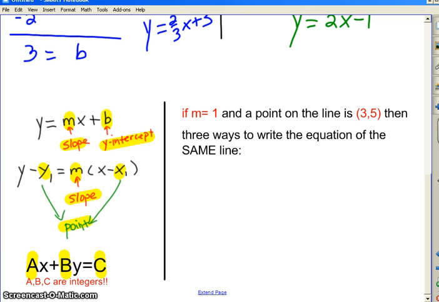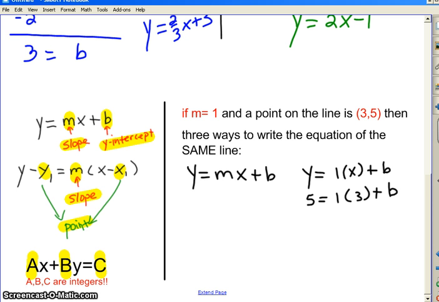If the slope is equal to 1 and a point on the line is (3, 5), then using slope-intercept form, that equation would look like y equals 1 times x plus b. Again, I'm going to substitute 3 and 5 in, so 5 is equal to 1 times 3 plus b. 5 minus 3 is equal to 2. So the slope-intercept form of the equation is y equals x plus 2.